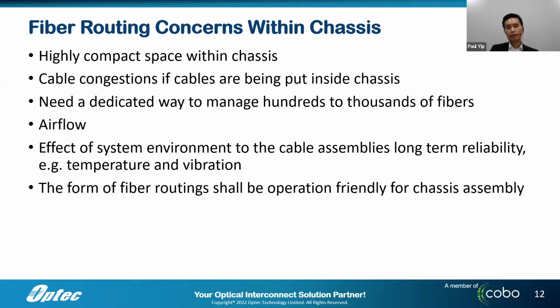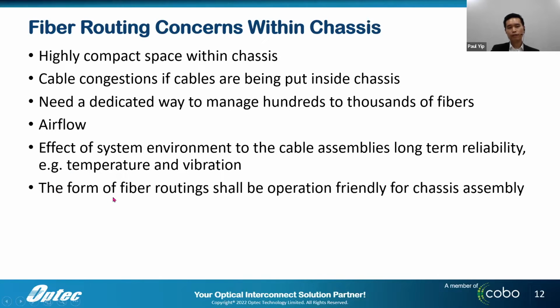So when we design the fiber routing, we take into account many concerns. But I have another chart to go through that later on. But typically we would like to also think about the reliability, like temperature and vibration inside the application.